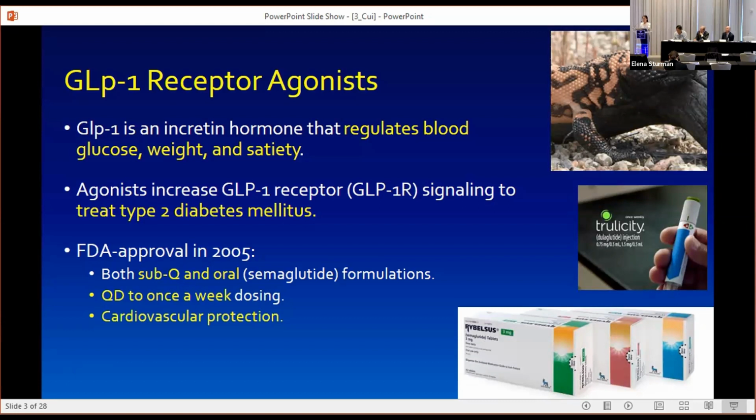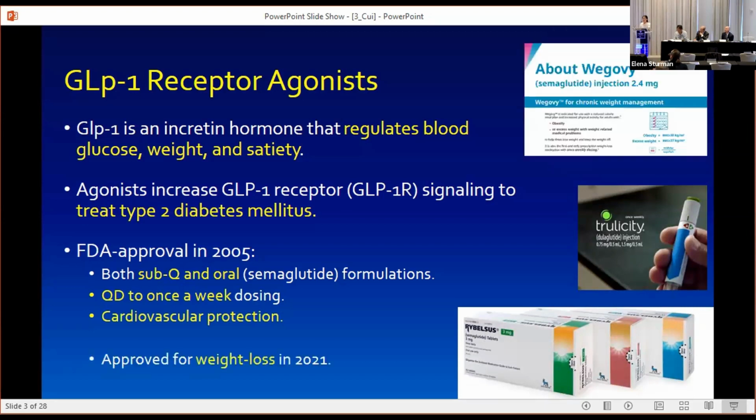It's typically once a day and sometimes once a week, and it also offers cardiovascular protection and decreases all-cause mortality, specifically related to heart disease. Recently, it was also approved for weight loss in 2021, and I'm sure a lot of you have heard of these medications like Ozempic, so it all falls in the same category of medications.